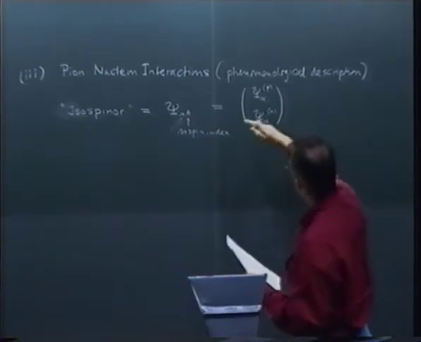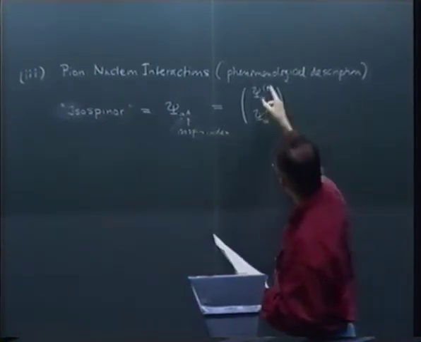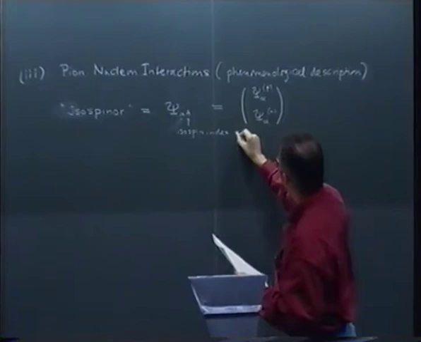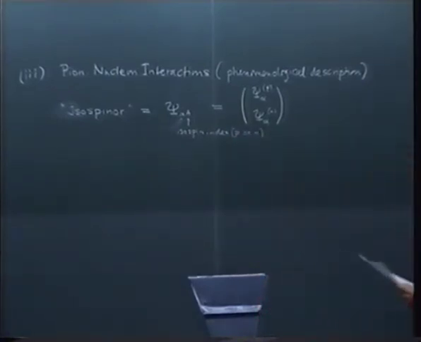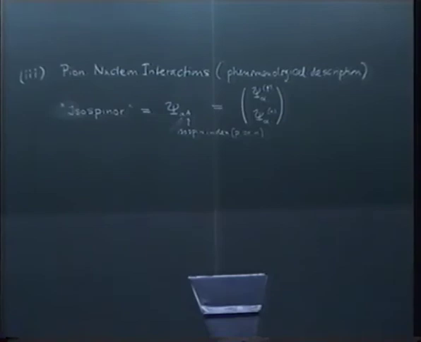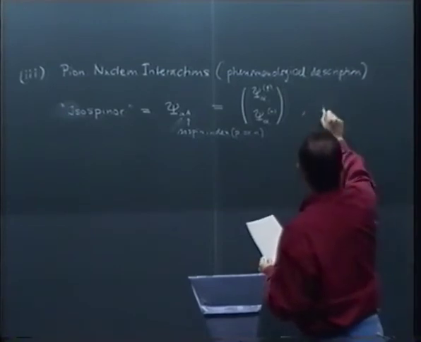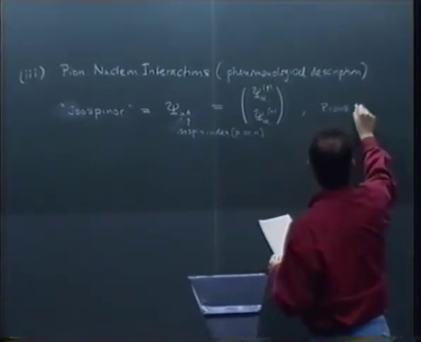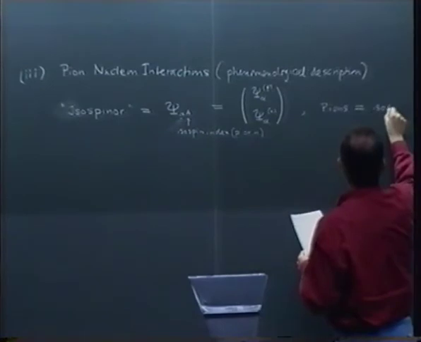This index A refers to P and N. So this is now a new kind of object, and this thing we want to couple to a pion field. So pions, what are pions? They're an isospin triplet.